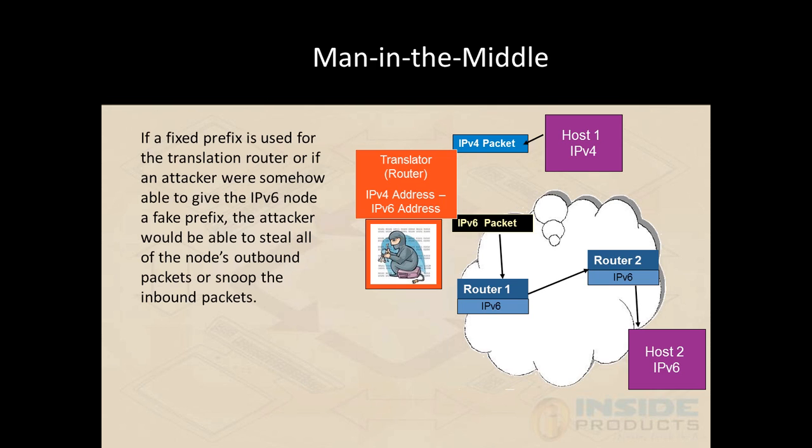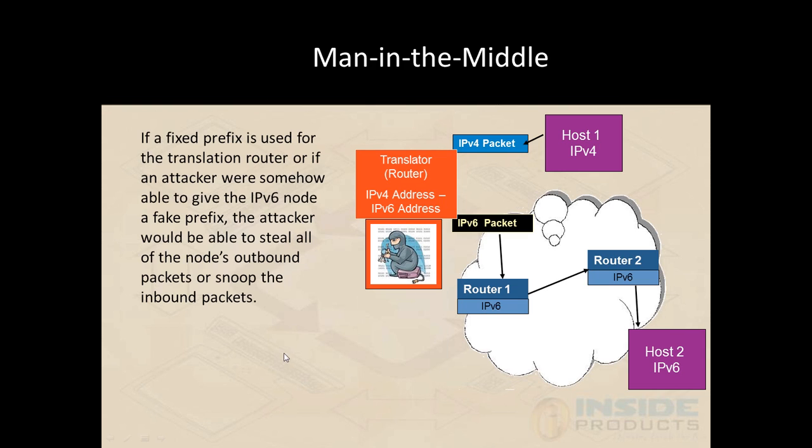There are issues, of course. If you're using things like flow label, that becomes an issue. But the biggest challenge is ICMP messages, because there are quite a few ICMPv6 messages which have no counterpart in IPv4. And so we have to decide what we're going to do with that.